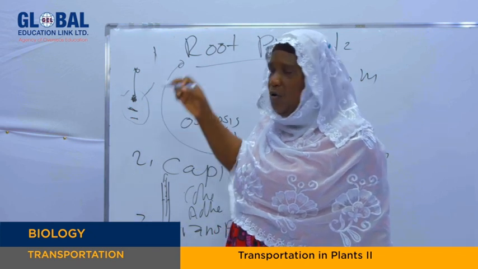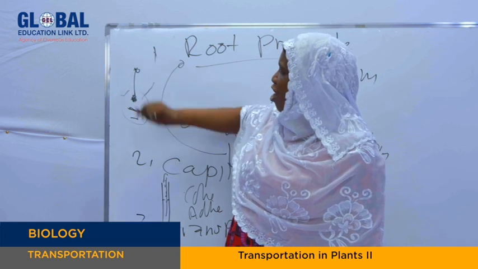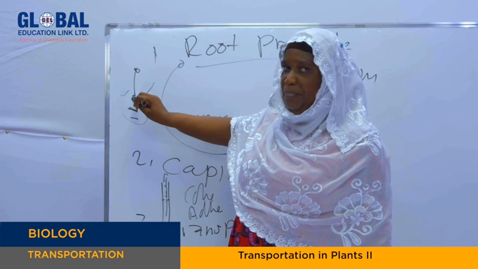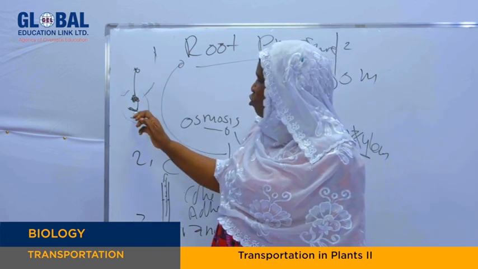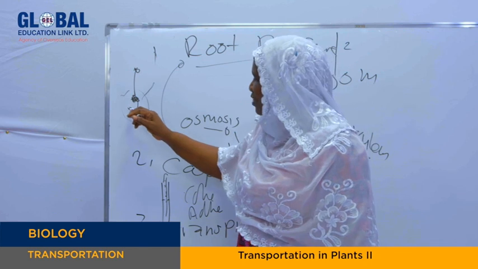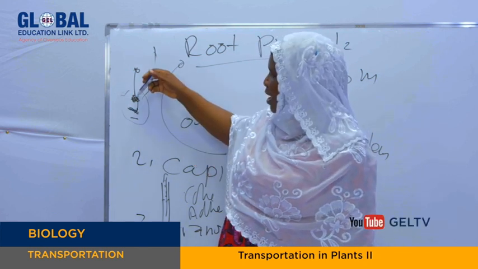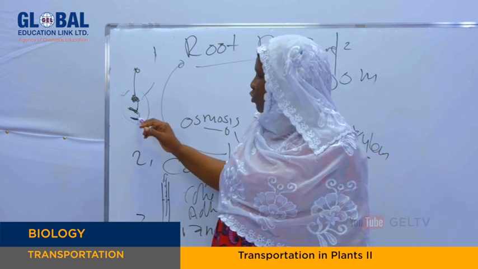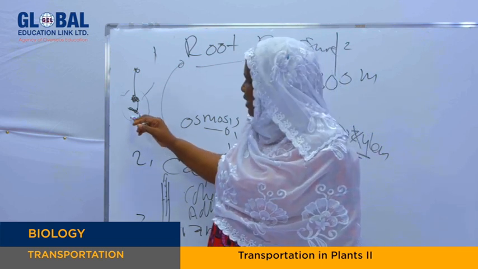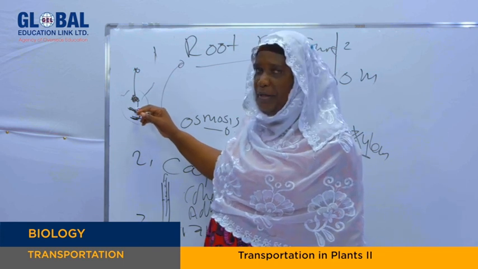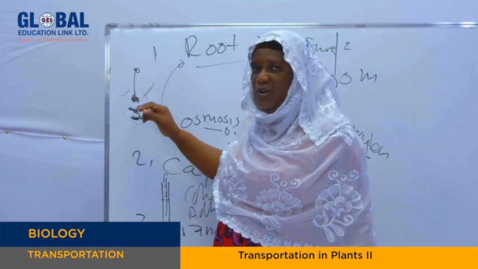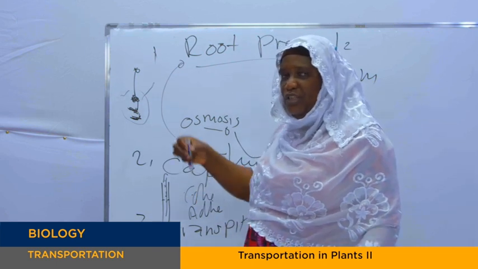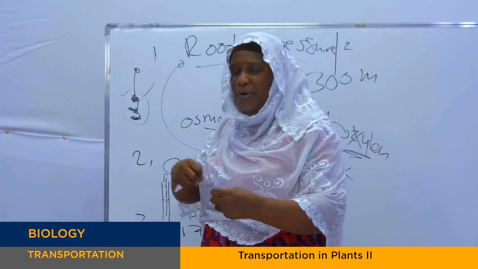Therefore, water will be drawn from here to this cell. And when this water molecule moves from this point to here, it also makes another water molecule here to be pulled from this area to here. Because of what? We said that because of cohesion force, these water molecules have been pulled to each other.